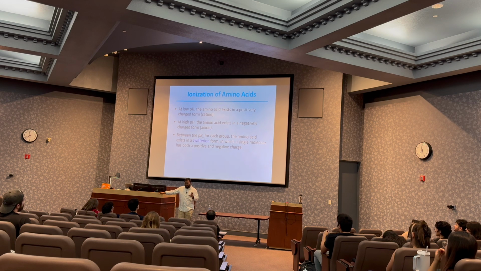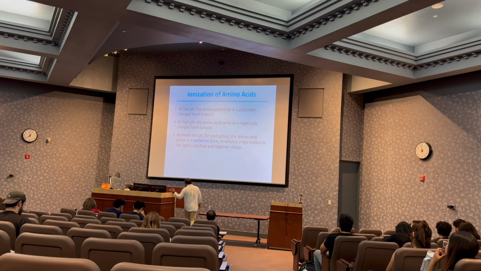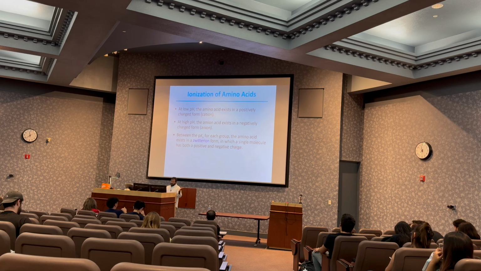So basically, at the Zwitter ion, the amino acid is electrically neutral. As you said, you have a positive charge and a negative charge at the same time. The Zwitter ion has zero charge at the isoelectric point. The isoelectric point can vary, but the Zwitter ion form has both positive and negative charge, but overall it's neutral.